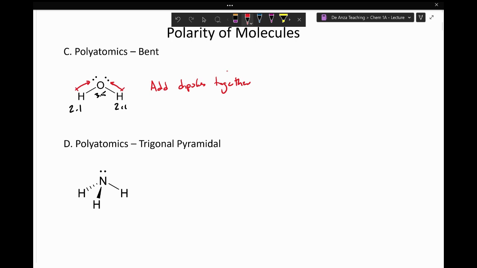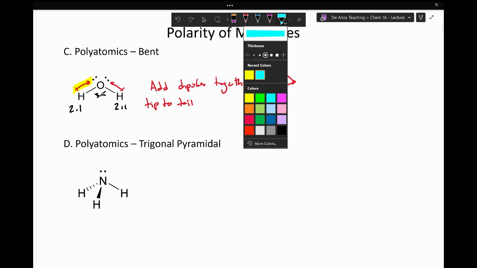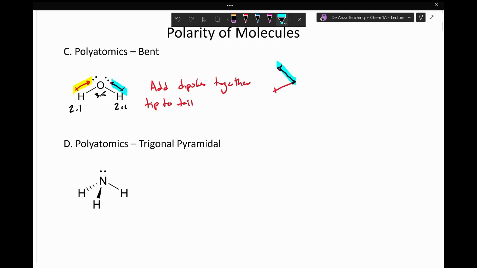Tip to tail. So I'm going to draw my first one that points up like this. And so that was this one. Now I'm going to draw my second one, and I'm going to put the base of it at the head of the former one and draw it up. And so that's what, in blue here, is this. And so I'm going to draw the net dipole as taking an arrow from the base of my first arrow and point it to the head of my final arrow.